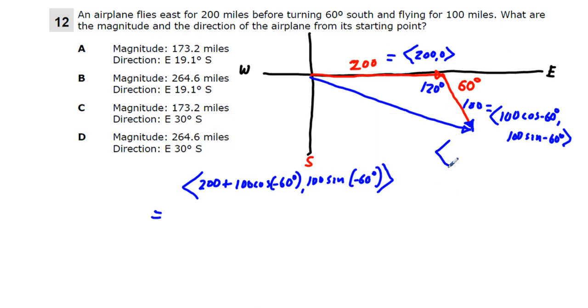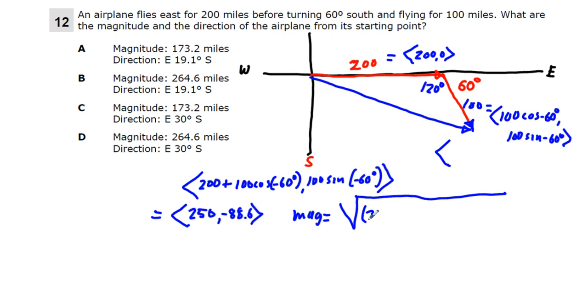So we get 250, negative 86.6. And so our magnitude is going to be 250 squared plus negative 86.6 squared, and we can get that pretty easily.